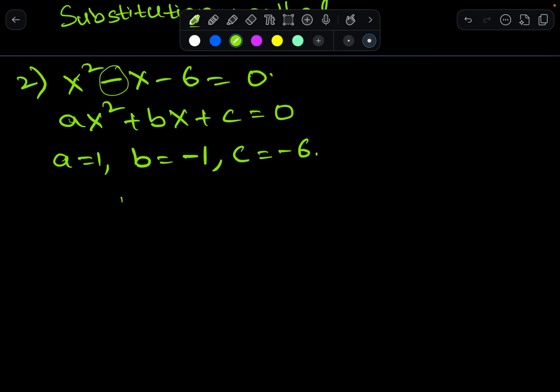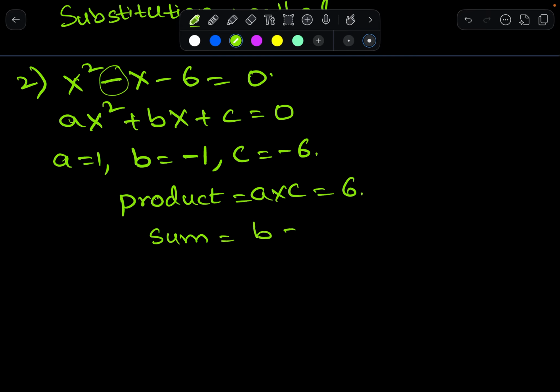So now we have to find two values such that their product is equal to a into c, which is minus 6, and their sum is equal to b, which is equal to minus 1.